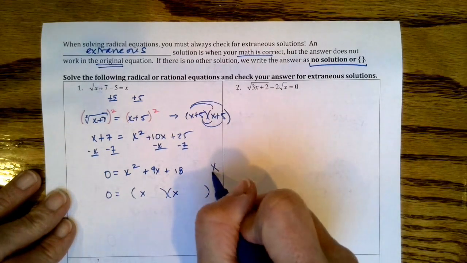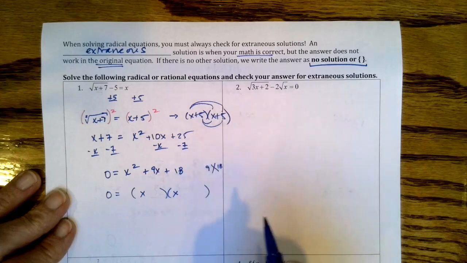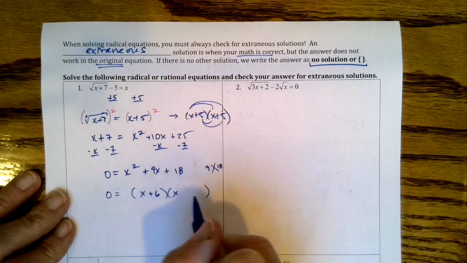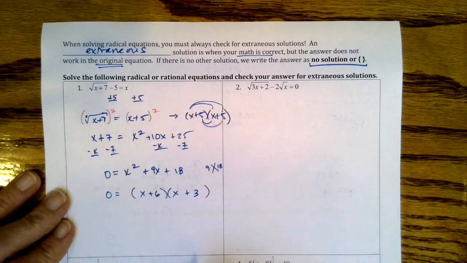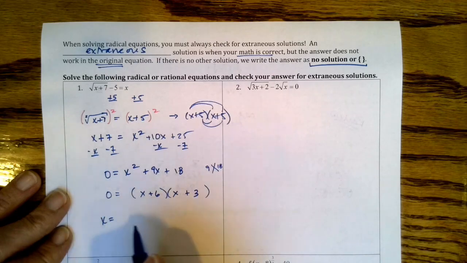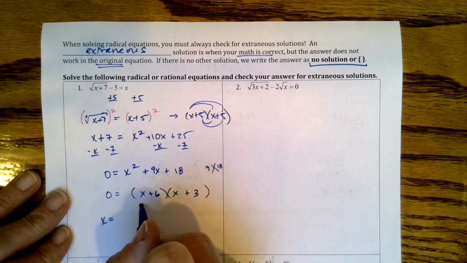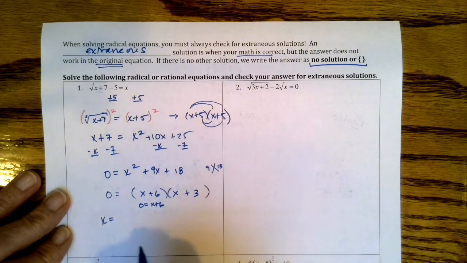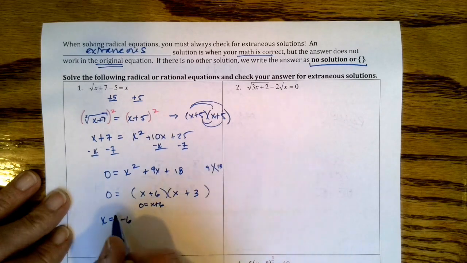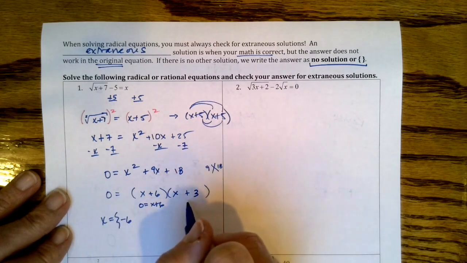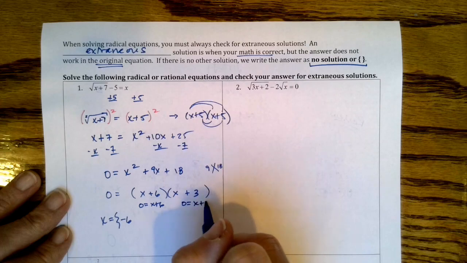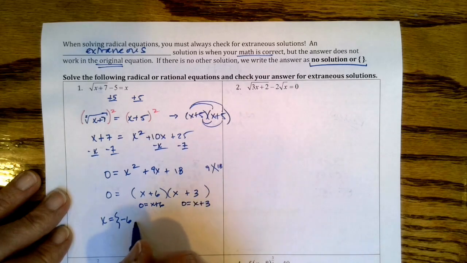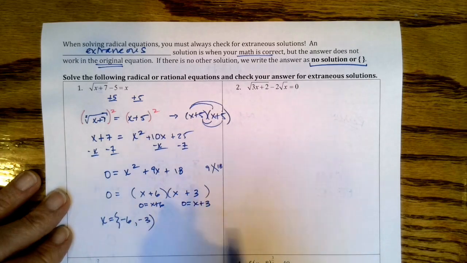Two numbers that multiply to 18 and add to 9 sound like 6 and 3 to me. So if 0 is equal to x plus 6, x is equal to negative 6. And if 0 is equal to x plus 3, then x is equal to negative 3.